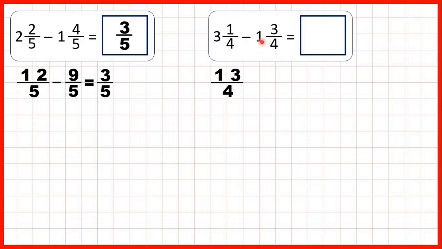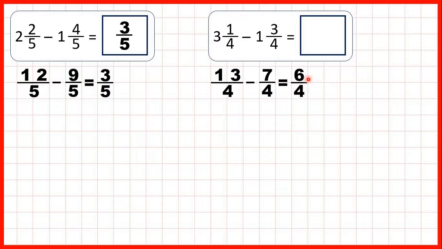We're subtracting 1 and 3/4, but we can change that into an improper fraction as well. 1 times 4 is 4, plus 3 is 7, so that's 7/4 as an improper fraction. Now we keep the denominator the same in our answer, and 13 minus 7 is 6, so as an improper fraction, our answer is 6/4.